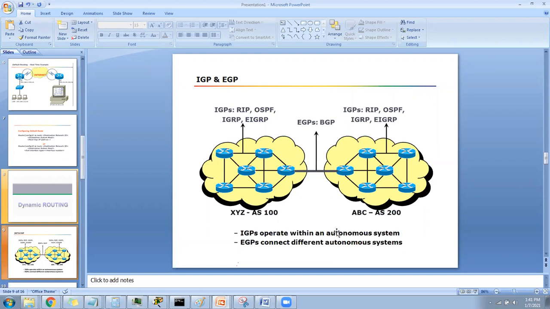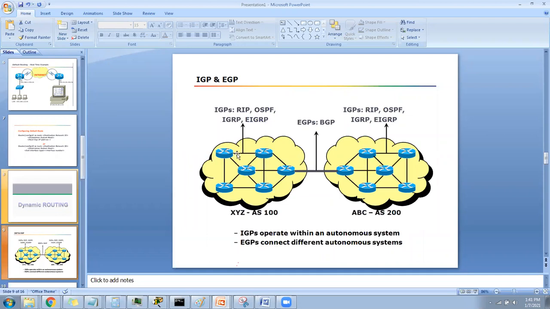Now the question is, what is an autonomous system? An autonomous system is a set of group, one region, or you can say a set of one group. Protocols are two types: IGP, interior gateway protocol, and EGP, exterior gateway protocol.